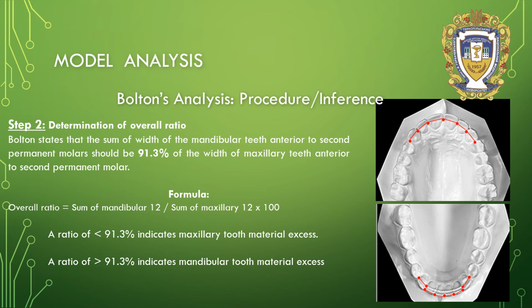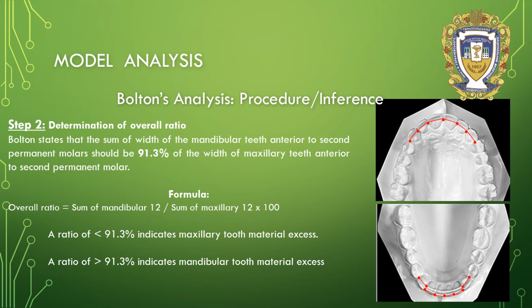Second step, determination of overall ratio. Bolton states that the sum of width of the mandibular teeth anterior to second permanent molars should be 91.3% of the width of maxillary teeth anterior to second permanent molar.